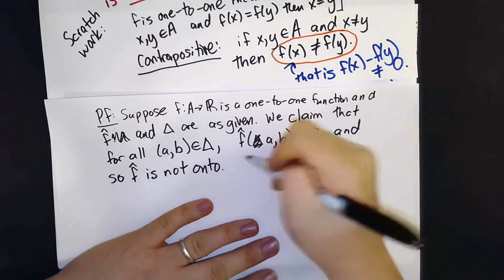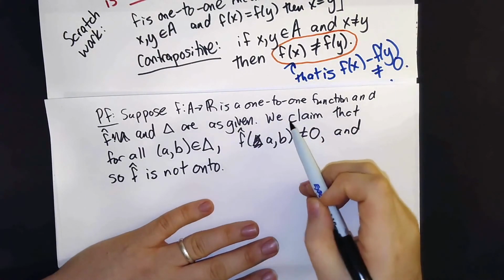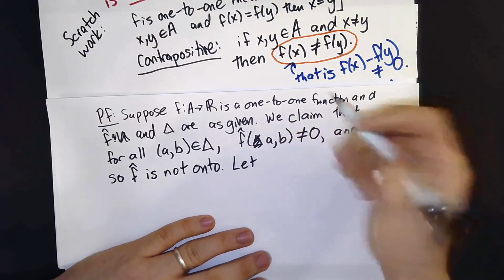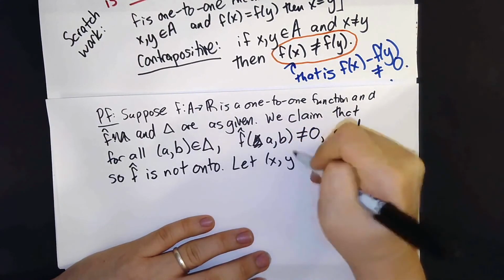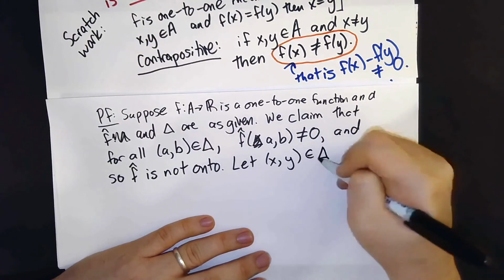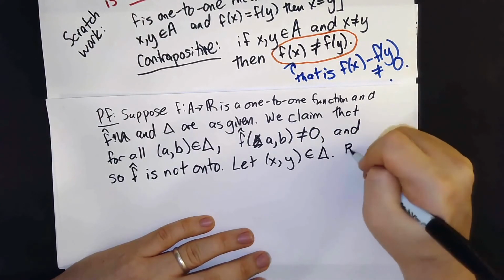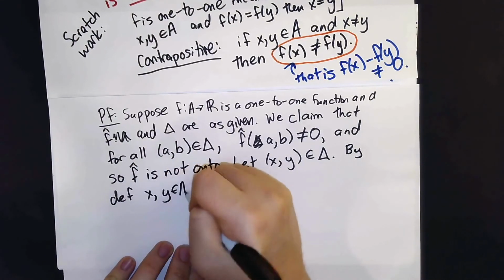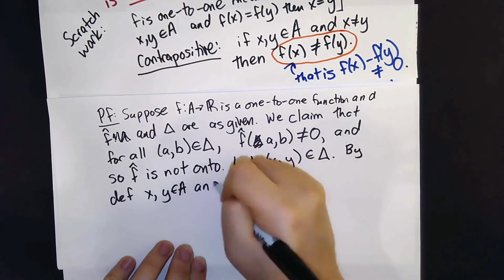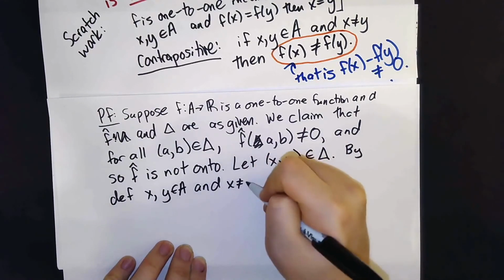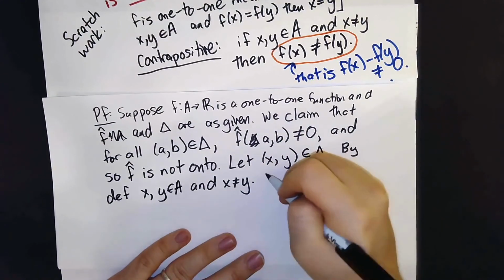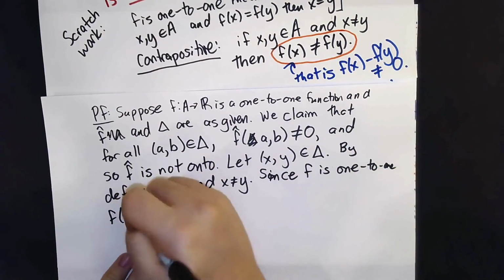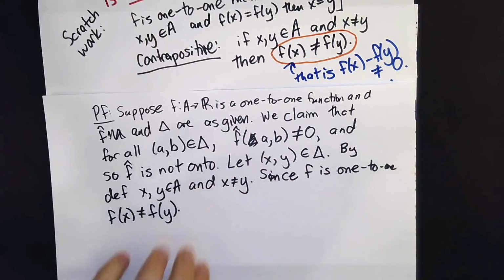Now, of course I'm obligated to actually prove the claim; I don't get to just claim it. So, let (x, y) be in delta. By definition, x and y are in A, and x is not equal to y. Now I'll say, since f is 1 to 1, f of x is not equal to f of y.